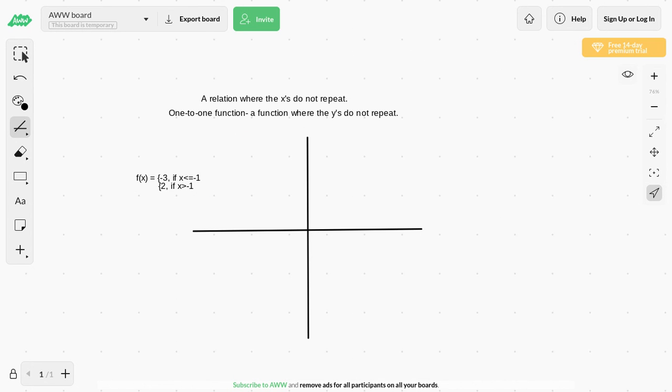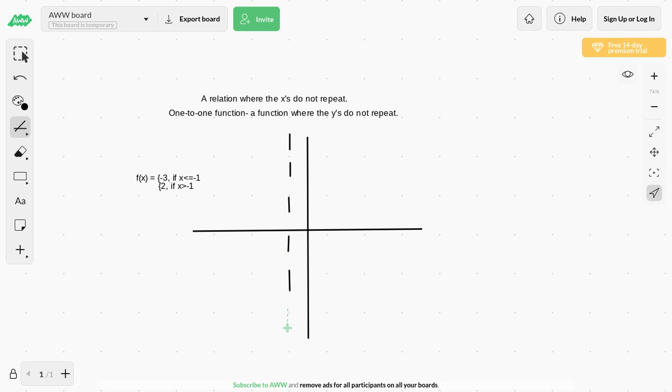So you see it's negative 3 if x is smaller than or equal to negative 1, and 2 if x is bigger than negative 1. So what you want to do is draw a dotted line right there at x equals negative 1.